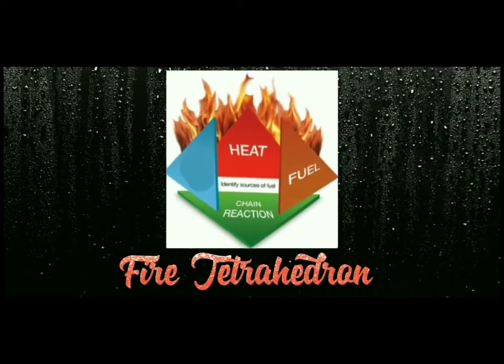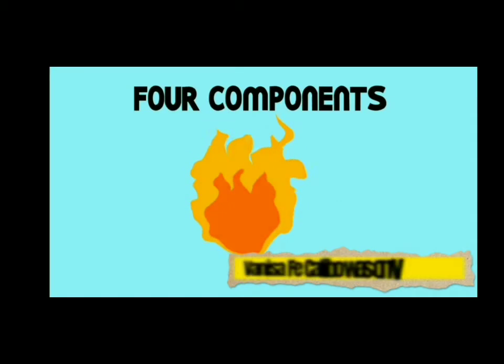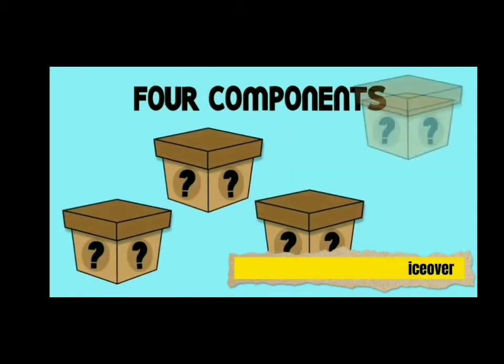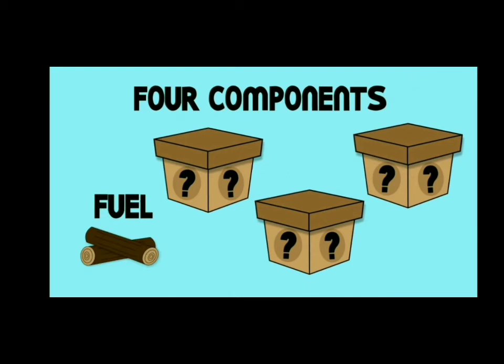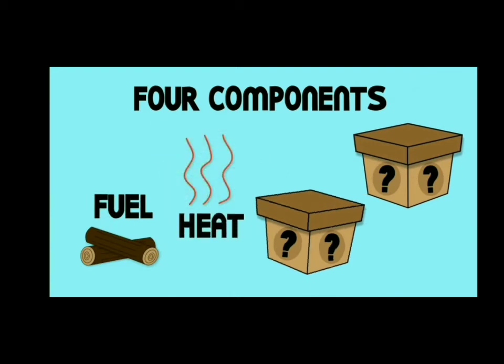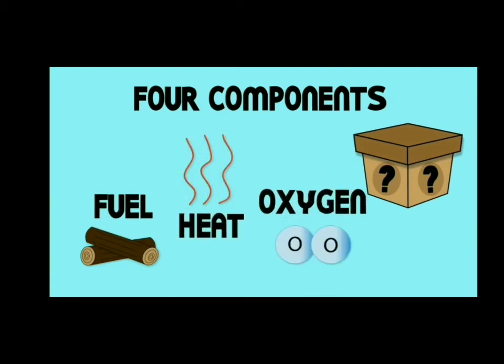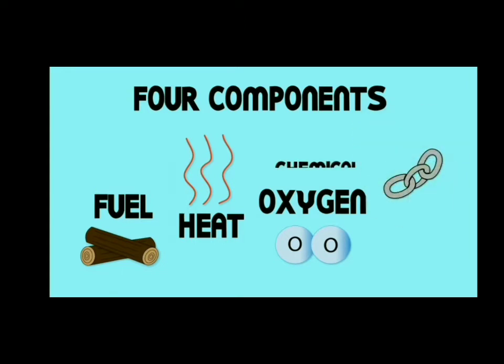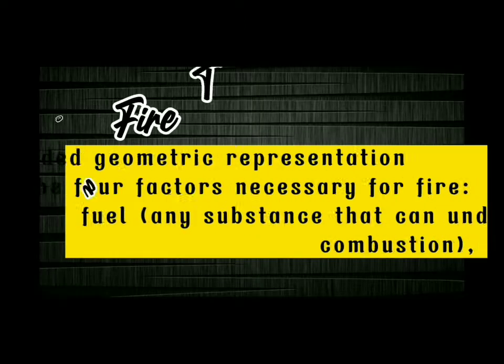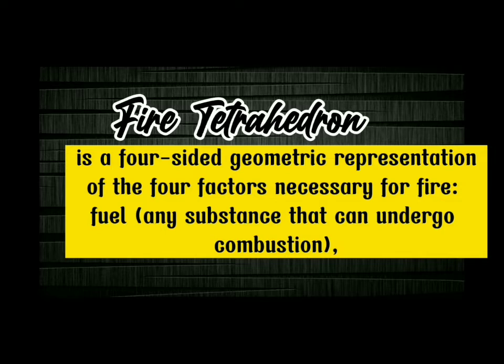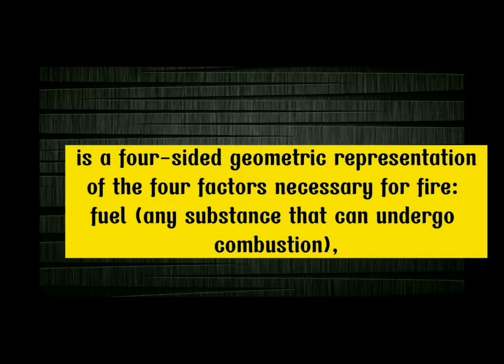Fire tetrahedron. The four components of the fire tetrahedron are fuel, heat, oxygen, and chemical chain reaction. What is the fire tetrahedron? The fire tetrahedron is a four-sided geometric representation of the four factors necessary for fire. First is fuel, any substance that can undergo combustion.